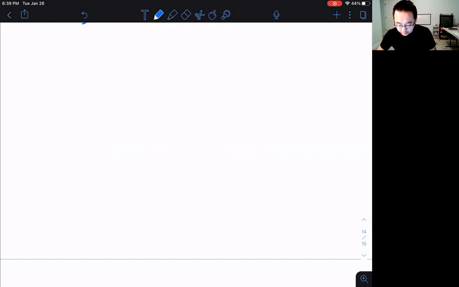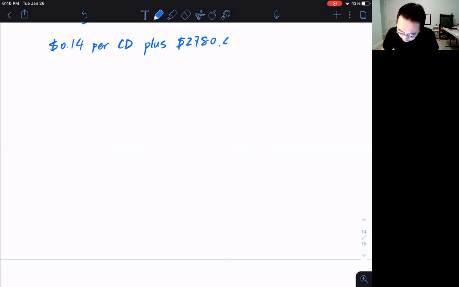So let's say that they looked at their cost and determined that the cost of producing their CDs is 14 cents per CD, plus say $2,780.4 per month in fixed cost, because they have to have equipment and etc. So they had to put that much down before the CDs can be produced.